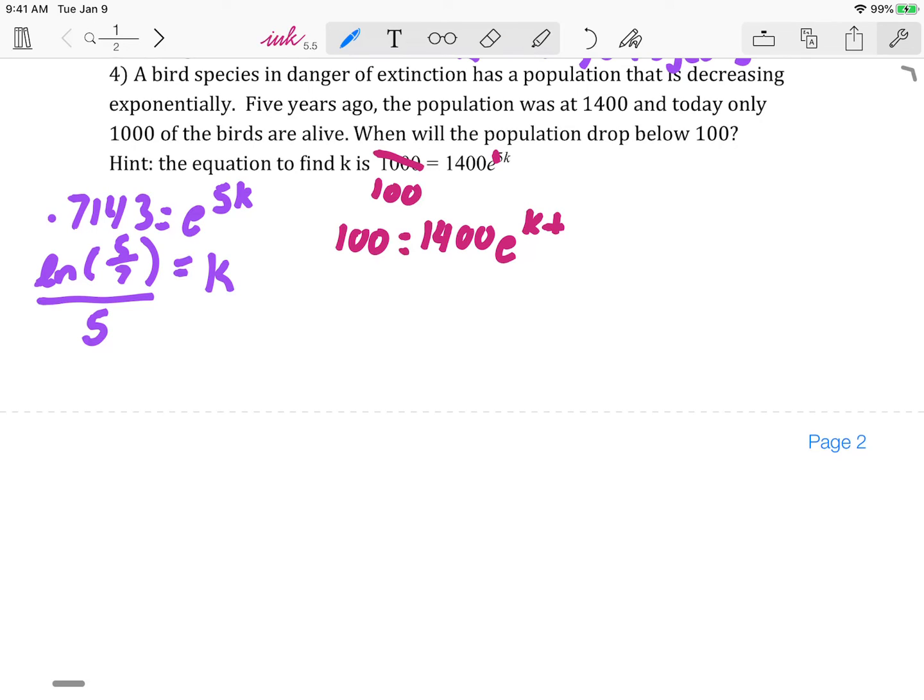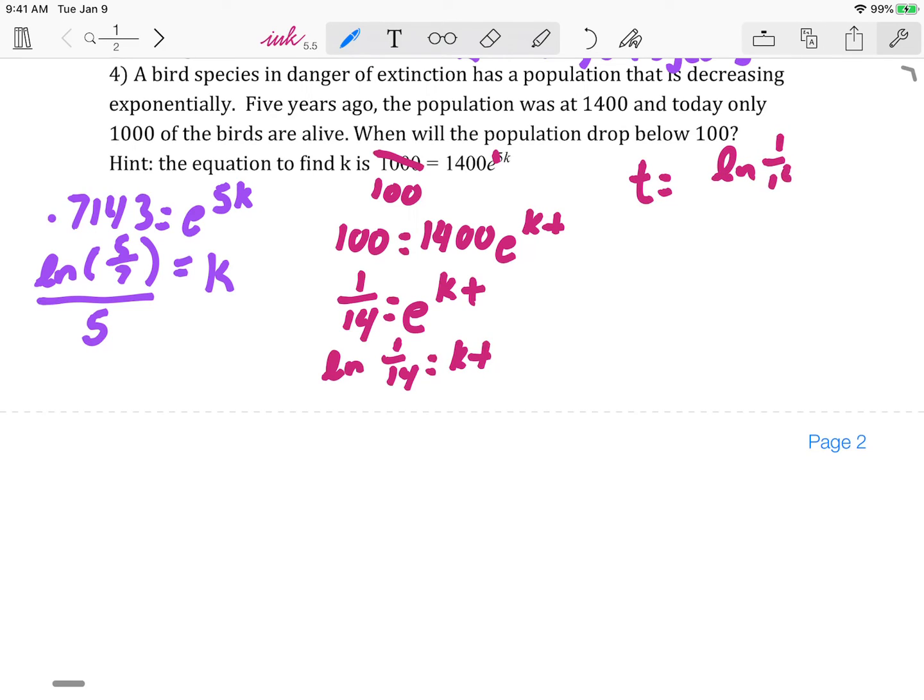Okay, so I divide by my 1,400. I'm going to do a fraction because we all know I like fractions. So 1 over 14 equals e to the k t. Well, I use natural log to move that. So the natural log of 1 over 14 equals kt because it wipes out that e. And now t is going to be equal to the natural log of 1 over 14 divided by k.